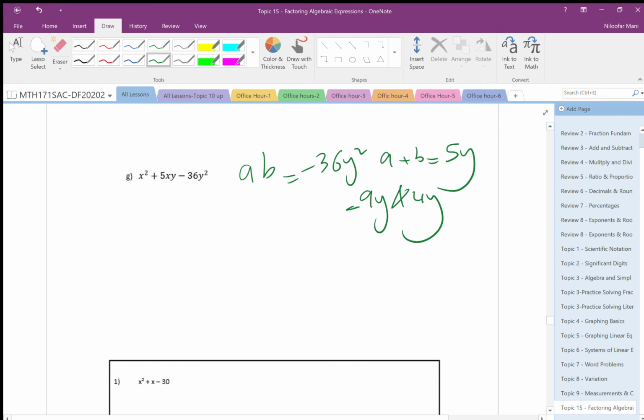If I multiply them it is minus 36y squared. If I add them it is 5y. No, if I add them it is minus 5y, so I have to put the minus here. I have to just think about numbers. So 1 and 36, 2 and 18, 3 and 12, just 4 and 9. And then which one minus, which one plus? So this is x plus 9y multiple x minus 4y. So that's the answer here.